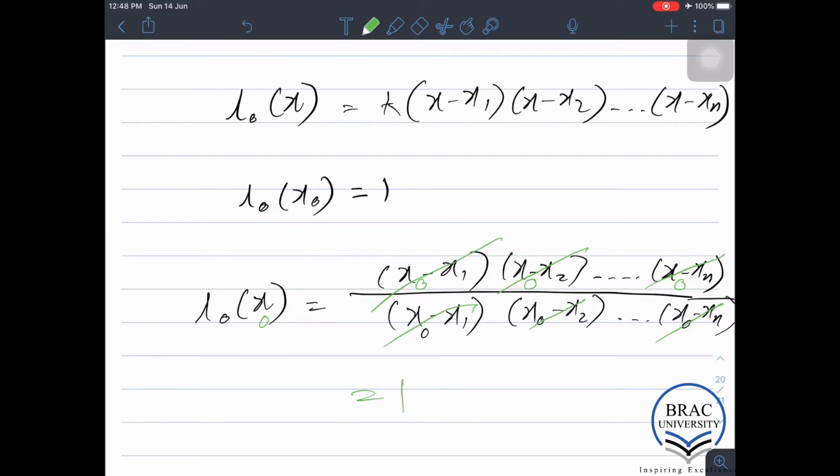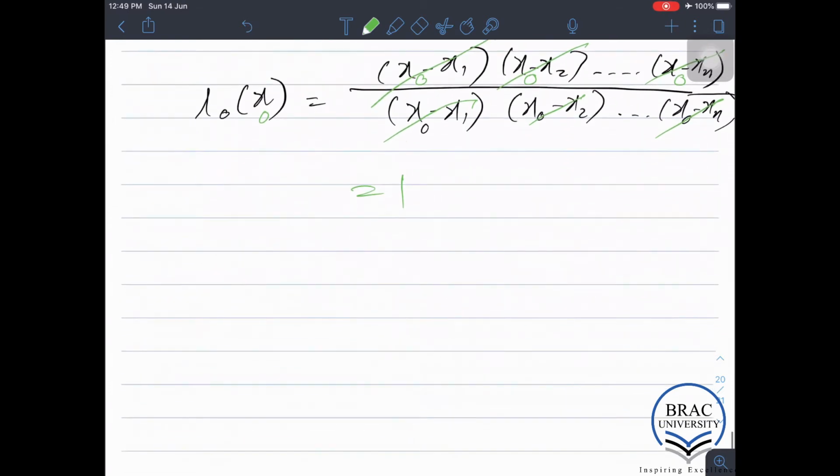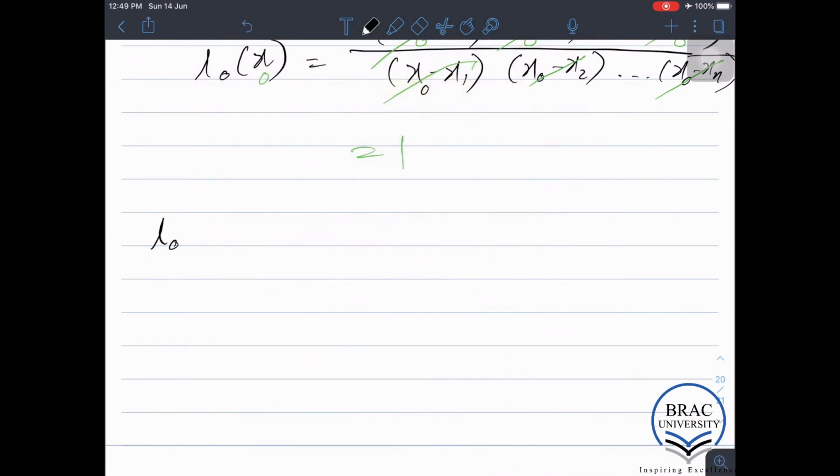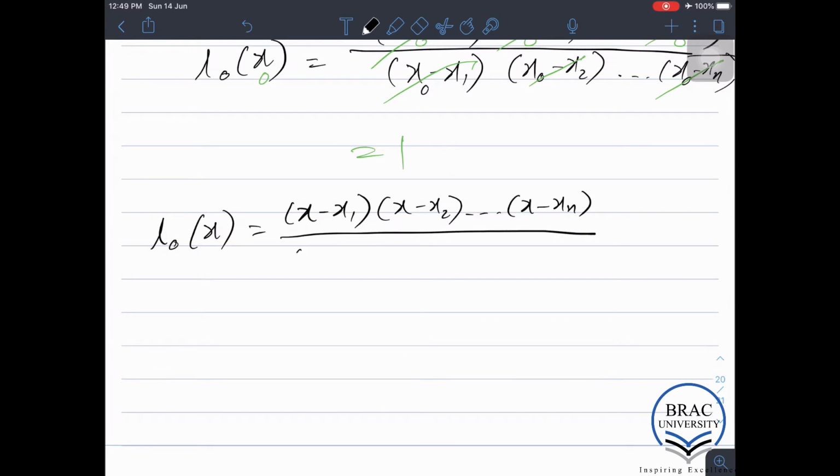Okay, so now we can see a general pattern. So let's try to write them down. Let's say L0 of x will be x minus x1. I will not write x0 because it cannot be 0 at x0. x minus x2 up till x minus xn divided by x0 minus x1, x0 minus x2 up till x0 minus xn.